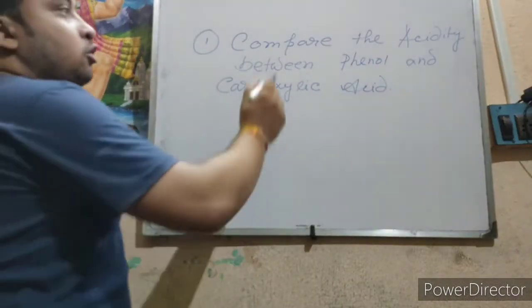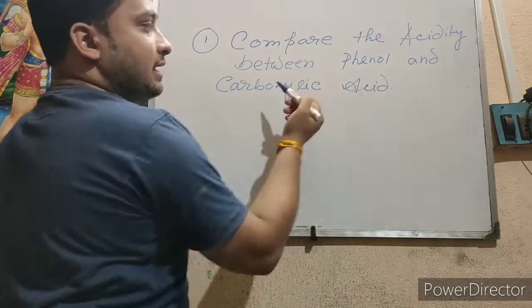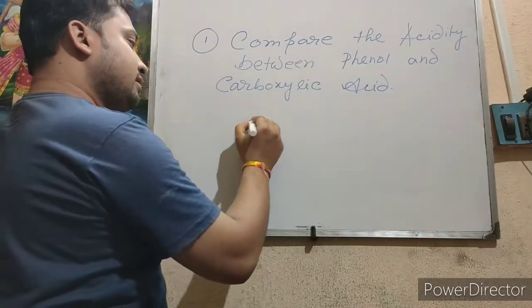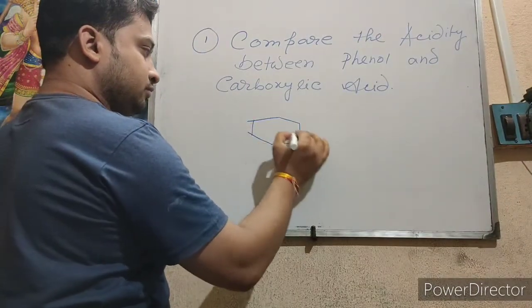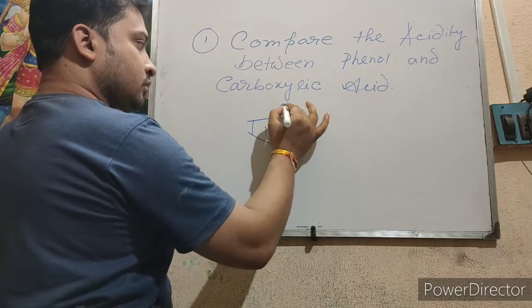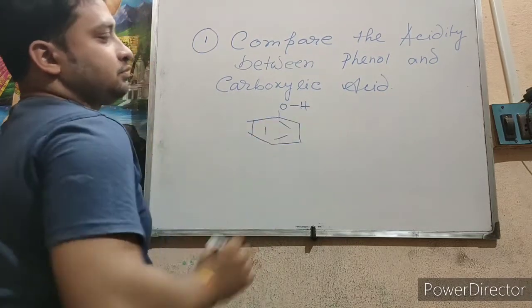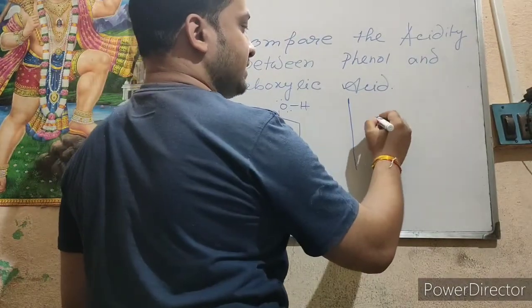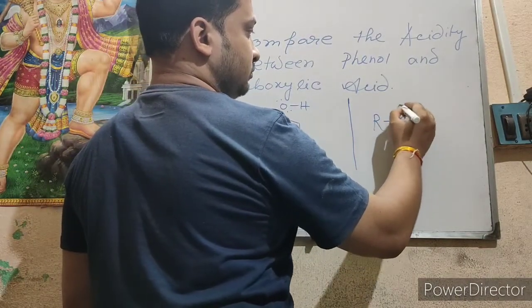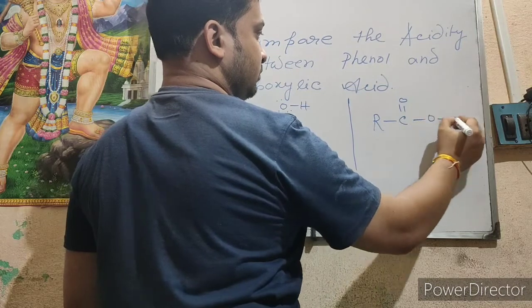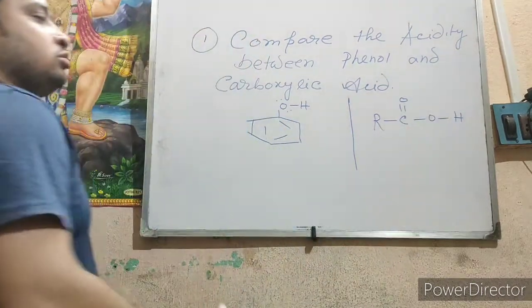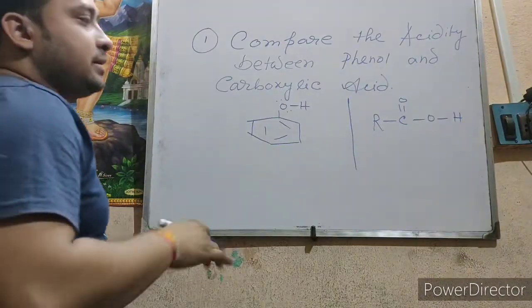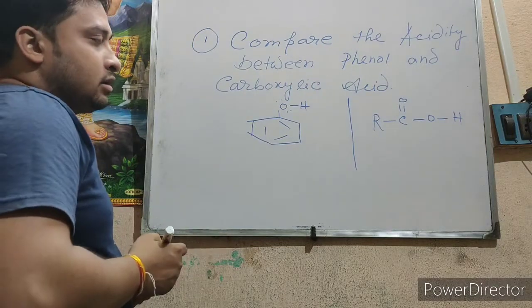Now the problem is compare the acidity between phenol and carboxylic acid. So you know that this is phenol, and this is carboxylic acid. So the problem is which gives you more acidic.